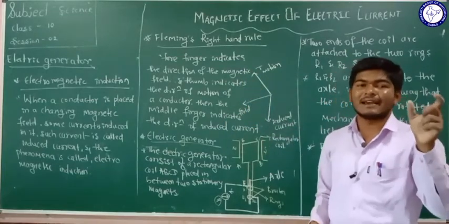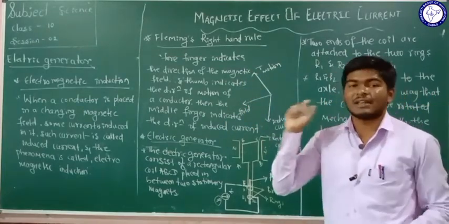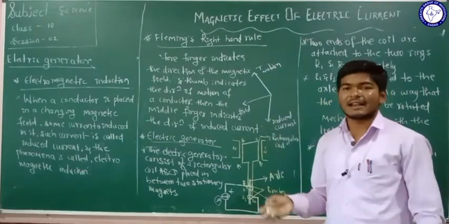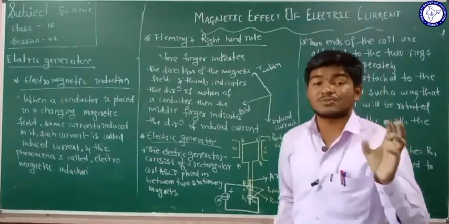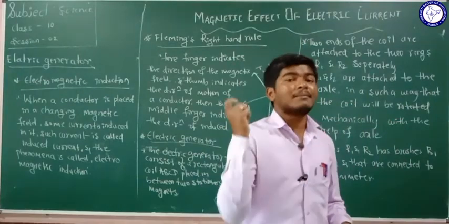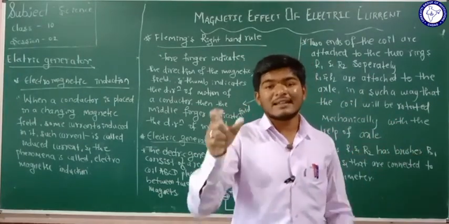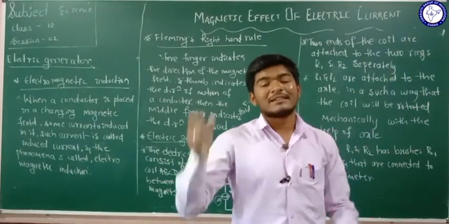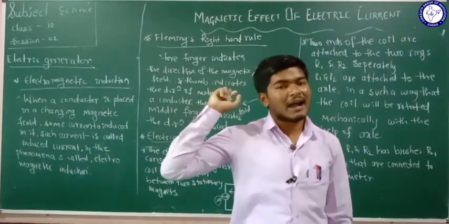But DC current always flows in a definite amount, that is called direct current. All the batteries we get produce DC current, and the current which we get from the electric poles is AC current, that is alternating current.